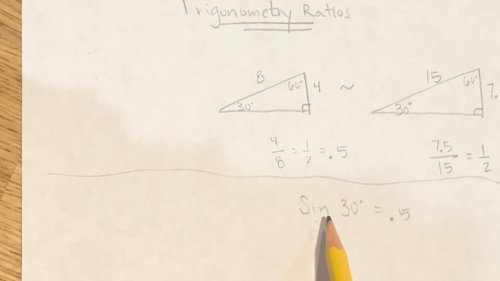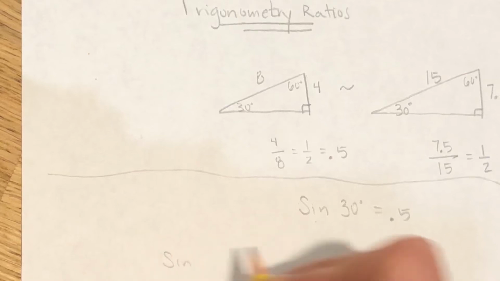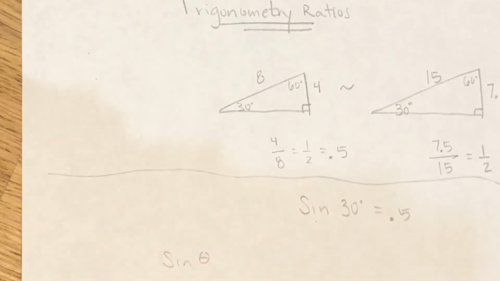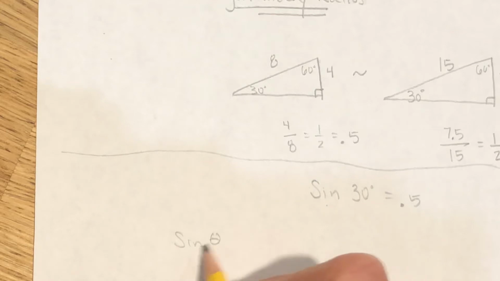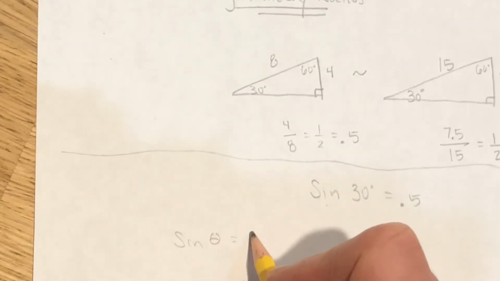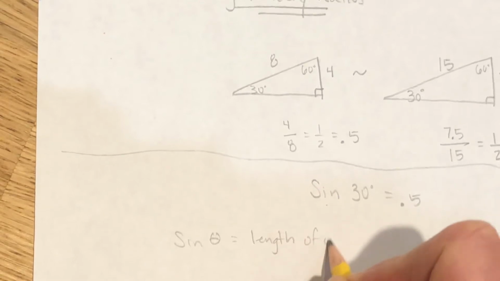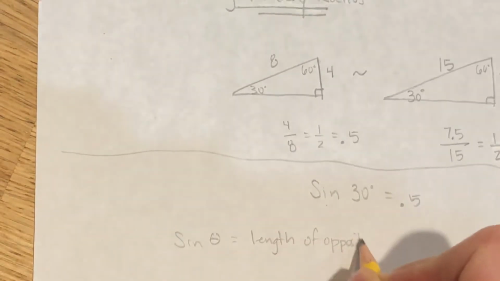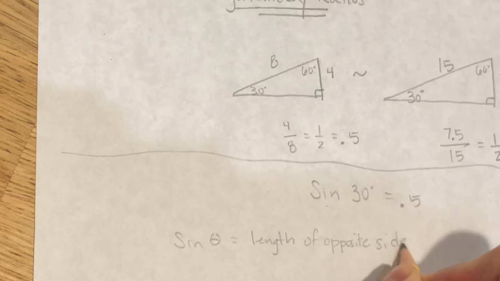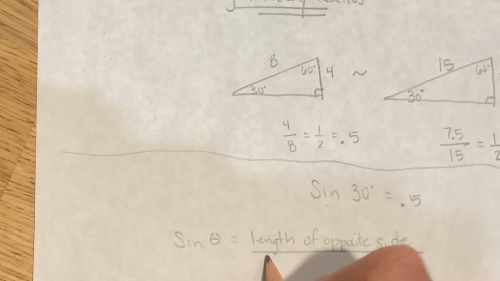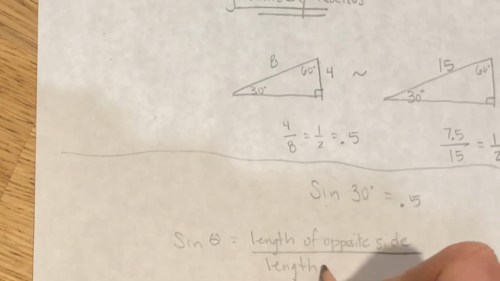Well, sine is really just a shortcut way to say, sine of any angle, I'll generically use the symbol theta, is really just a shortcut way to say take the length of the opposite side and divide it by the length of the hypotenuse.